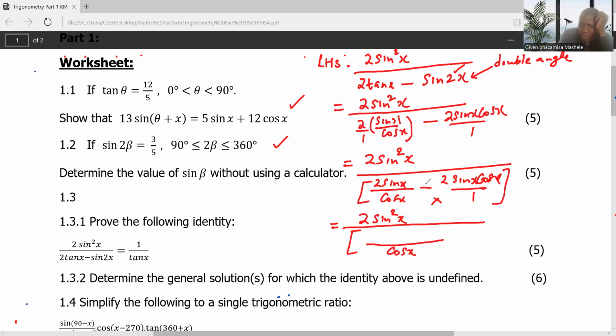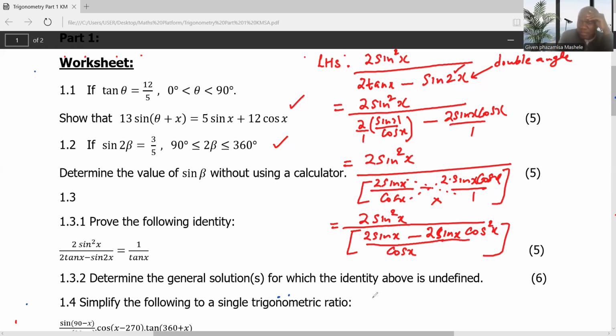Then you cross multiply here. 2 sine x multiplied by 1 becomes 2 sine x, minus 2 sine x cos x multiplied by cos x, which becomes 2 sine x cos squared x. Then you close the brackets.